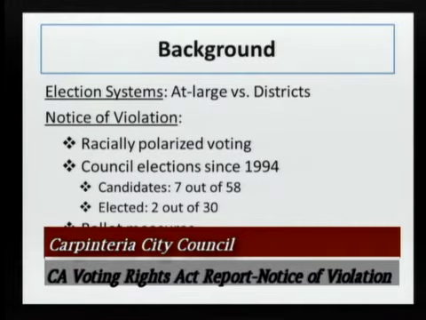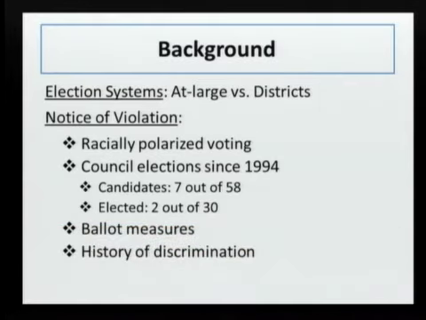The city received a notice of violation from the prospective plaintiffs on July 3rd, 2017, and it provided a number of allegations related to voting trends in the city that the notice alleges establish a violation of the California Voting Rights Act. And in subsequent slides, I'll get into the actual act and the law here, but we're just going to go through the allegations in the complaint first.